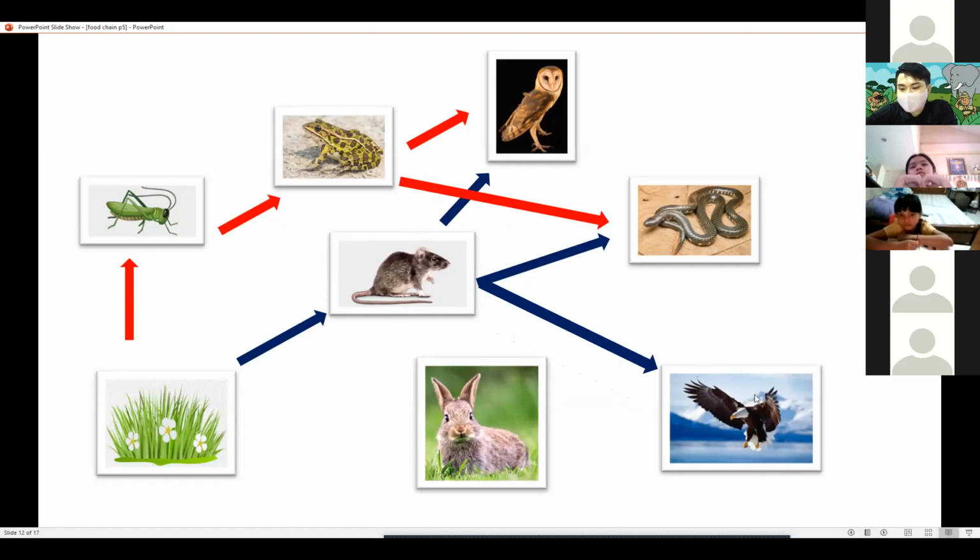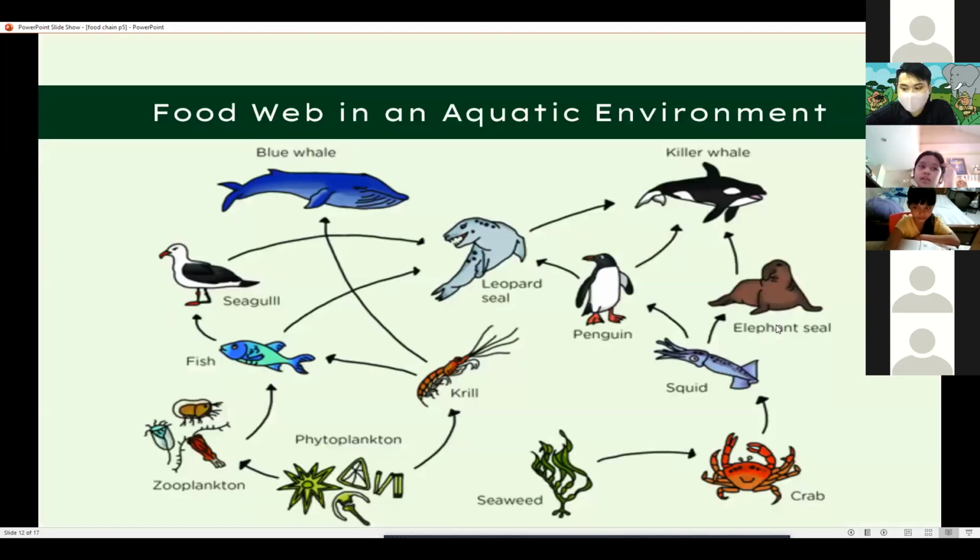Grass, wait, the hawk also, the eagle. This one is the other one. Grass, rabbit, snake, eagle. Or grass, rabbit, eagle. Did you understand? Yes. Easy, not easy? Easy. Very good.